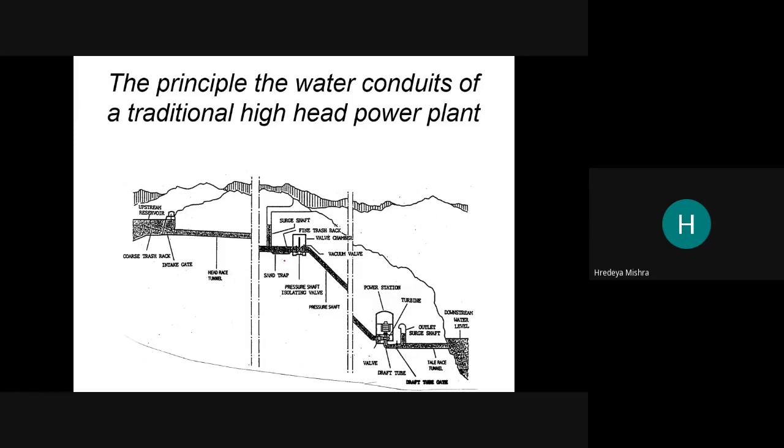So the principle, the layout constitutes a traditional high head power plant. So here, what is that? Because in the traditional plant, what happened? We just take a high head and drop the water from there directly onto the turbine blade, and the turbine starts rotating.